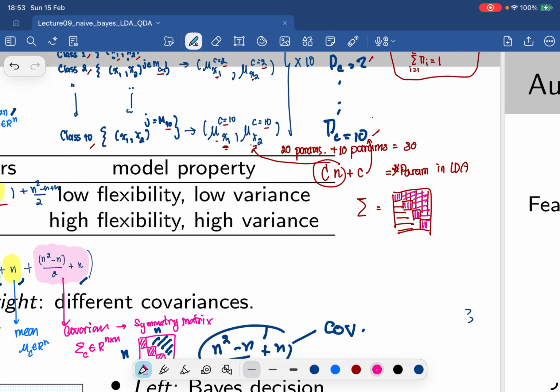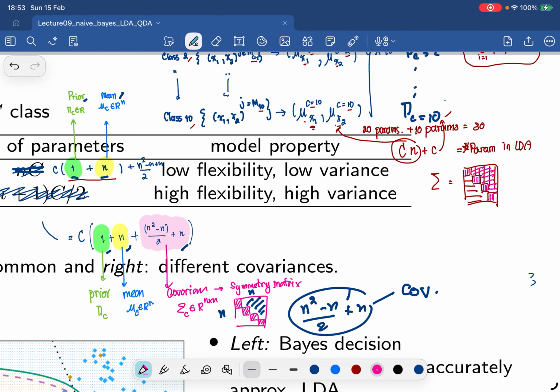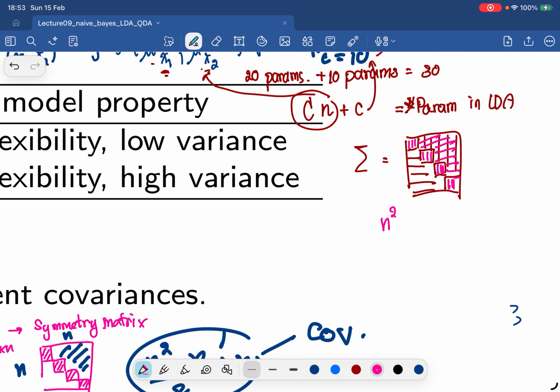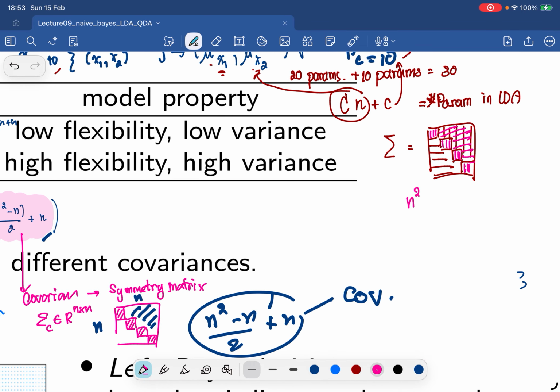So that becomes n squared, where n squared is the total number, minus n, where n is the diagonal, so we just remove it for the time being, and divide by 2. This will be the rest, the pink.